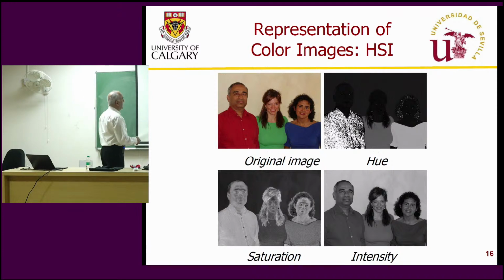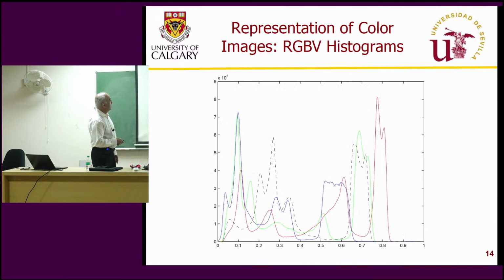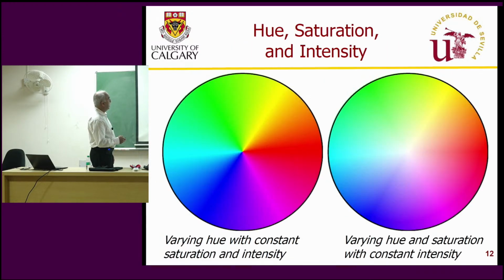HSI, if you compute the hue angle and saturation and intensity, these are the components. But there is a problem with hue, for red especially. You get red here, 0 degrees. 1 degree is red, but 359 is also red.